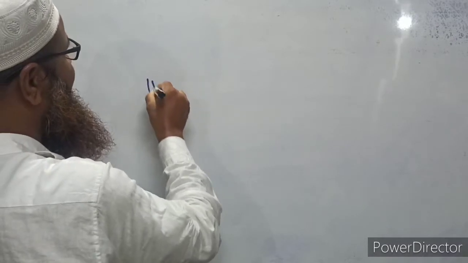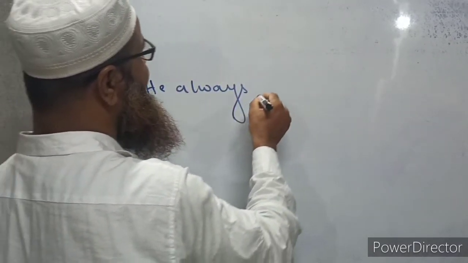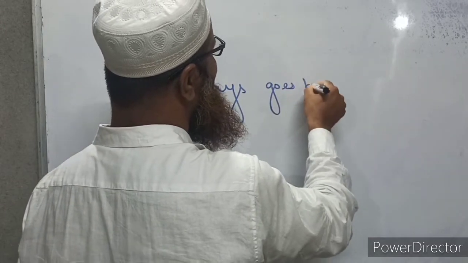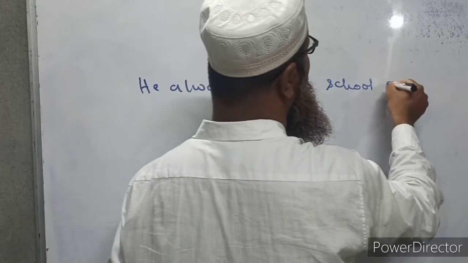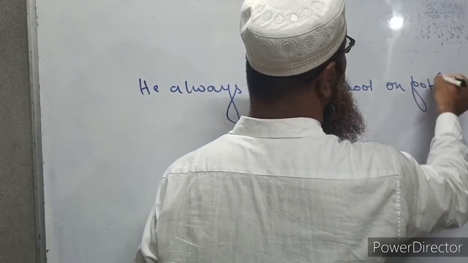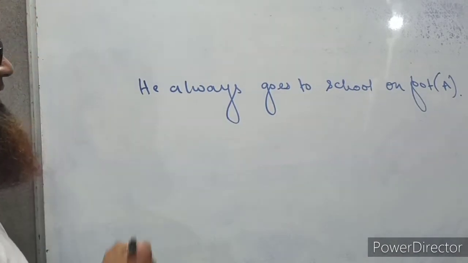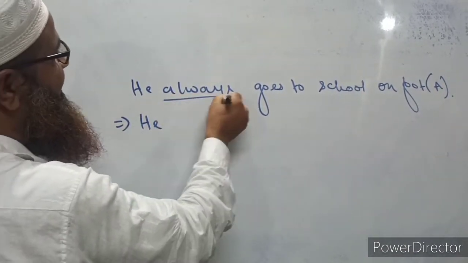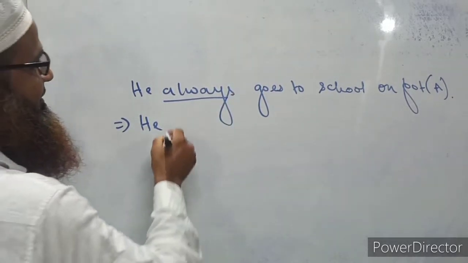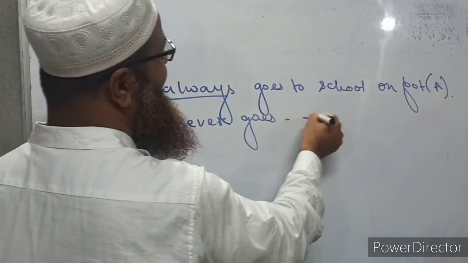You see, he always goes to school on foot. This is an affirmative sentence, and we can change it into negative simply by writing never in place of always. He never goes to school on foot.